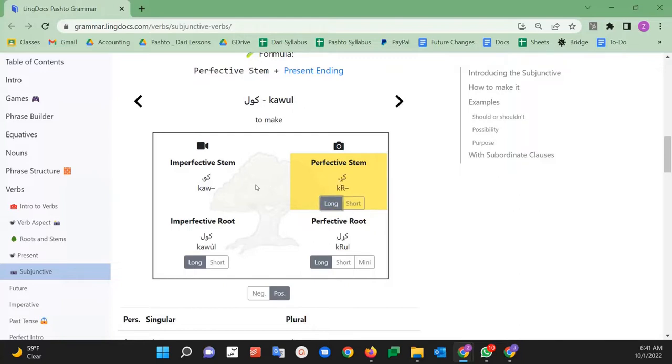Sorry, that's not a good example for this. Okay, we'll say I make you sad. We would say ze ta khafa kawum, I am making you sad, or ze ta khafa kram. That's a good example of the subjunctive form.